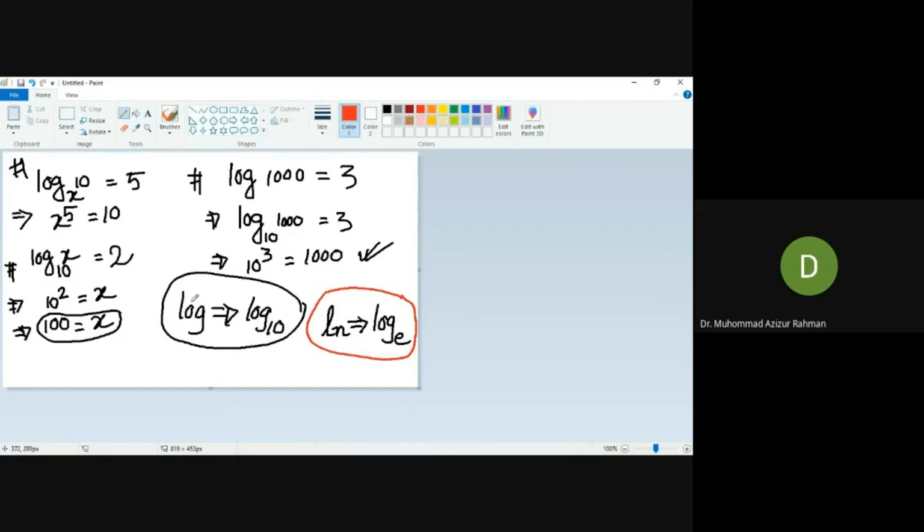Now, what is e? E is not the exponential, it is a constant actually.